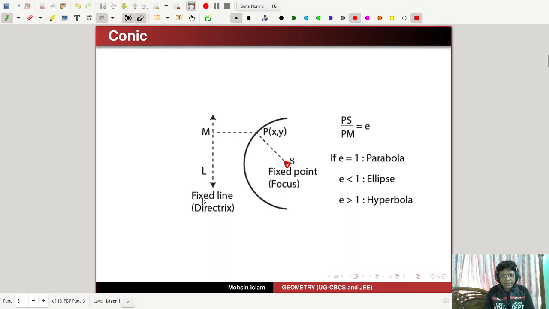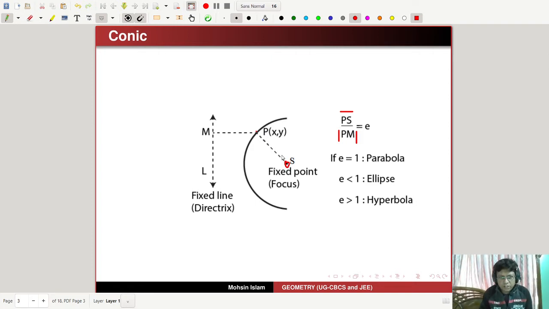L is the fixed straight line, and the point P is anywhere in the plane, moving in such a way that PS is its distance from the fixed point, and PM is the length of the perpendicular from P to the fixed straight line. So PM is the length of the perpendicular, right?